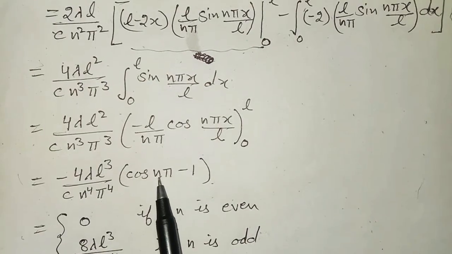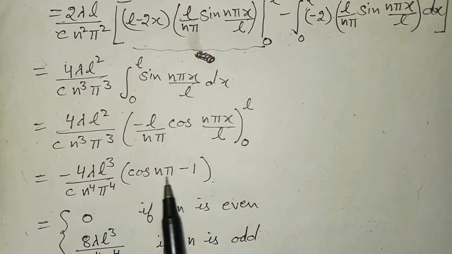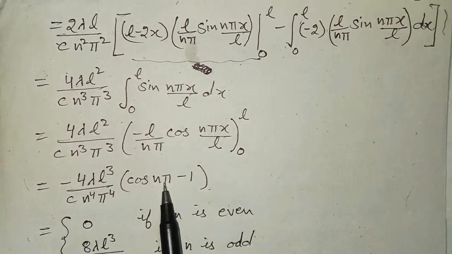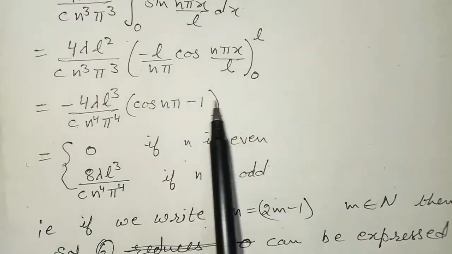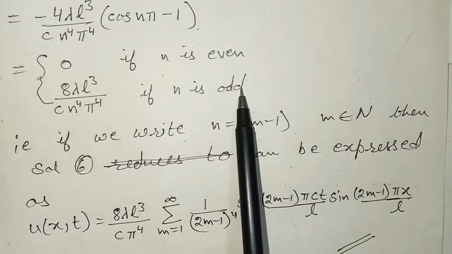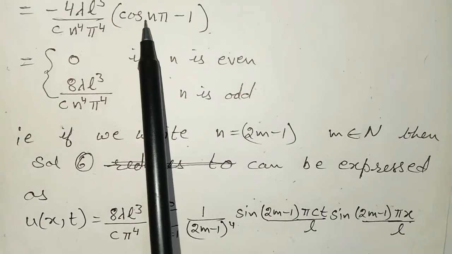Now if n is even, the value of cos n pi is 1, and when n is odd, its value is minus 1. So we have two values. If n is even, this is 1, so it means the value of bn is 0. And if n is odd, then its value is minus 1. Minus 1 minus 1 means minus 2.